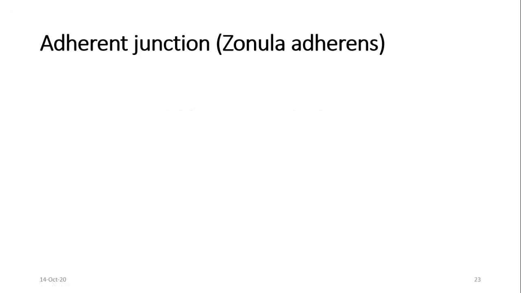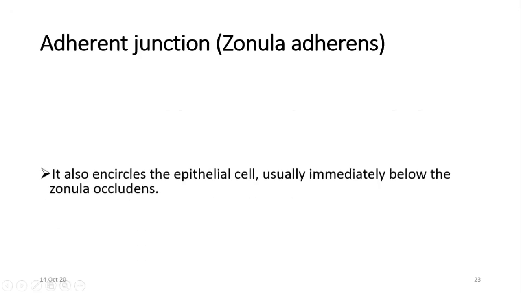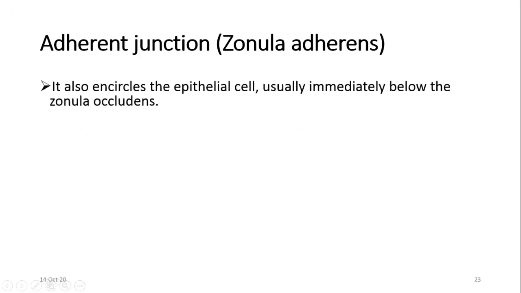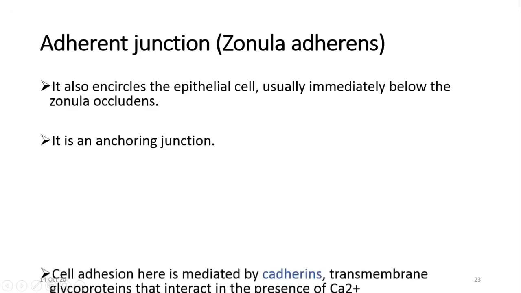The second type is the adherent junction or zonula adherens. It also encircles the epithelial cell, usually immediately below the zonula occludens. It is an anchoring junction.